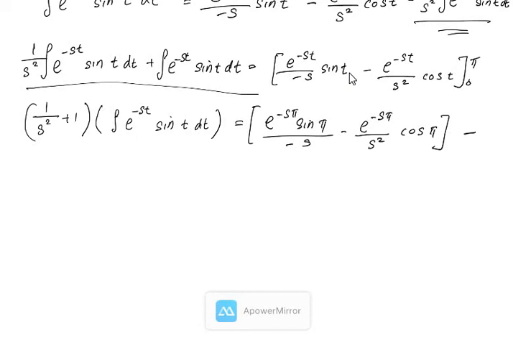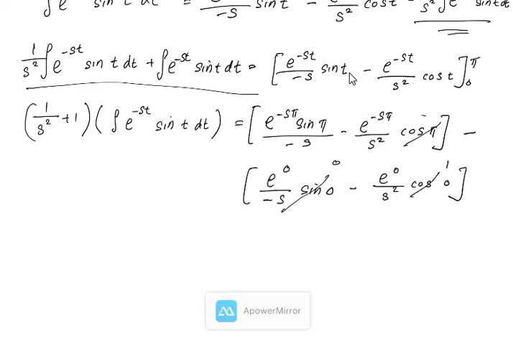Then minus e to the 0 divided by negative s sine 0, minus e to the 0 divided by s squared cos 0. Sine 0 you get 0 and cos 0 you get 1. Cos pi you get negative 1, and sine pi you get 0.